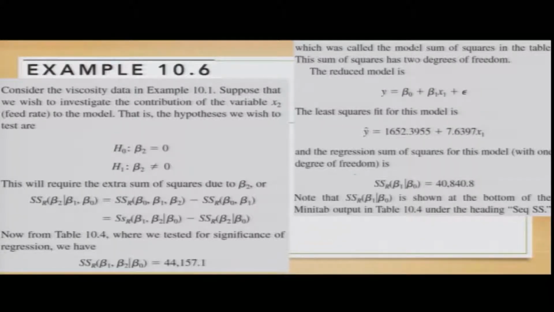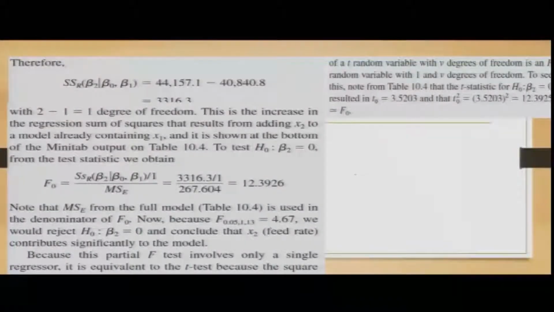Obviously, it can also be the sum of squares of beta 2 given beta naught, depending on how you partition the effects of R and n minus k. Therefore, SSR of beta 2 given beta 1 and beta naught is 3316.3, and in this case the degrees of freedom is 1.